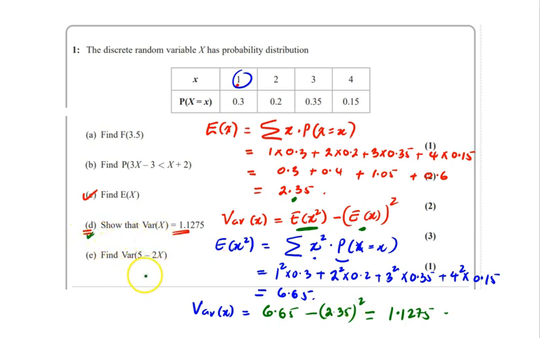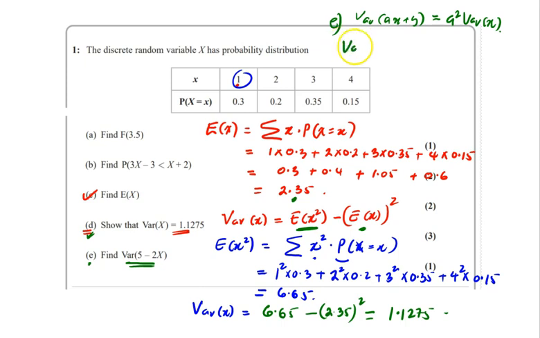All right, our last section, part E, just a one marker. Remember the variance formula: the variance of ax plus b is a squared multiplied by the variance of x.